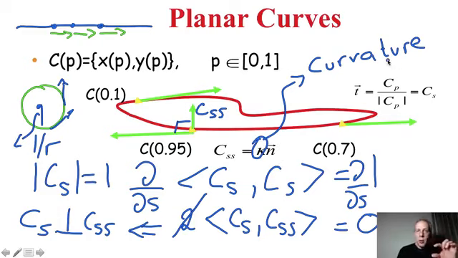Curvature is the magnitude of the second derivative according to S. S is going to be called the arc length, as we're going to see in a second why. So we have S, the arc length, and this is kappa, the Greek letter kappa, which is the curvature.